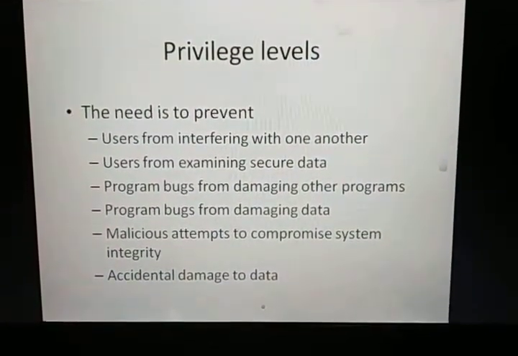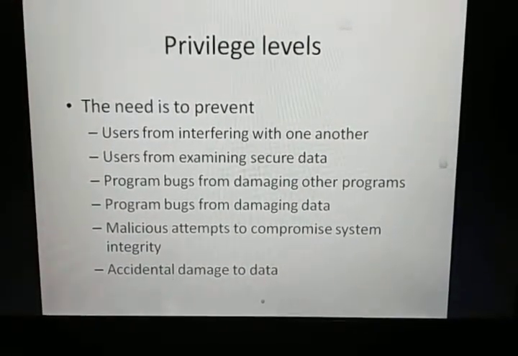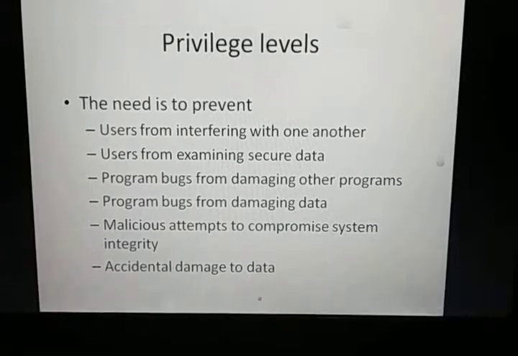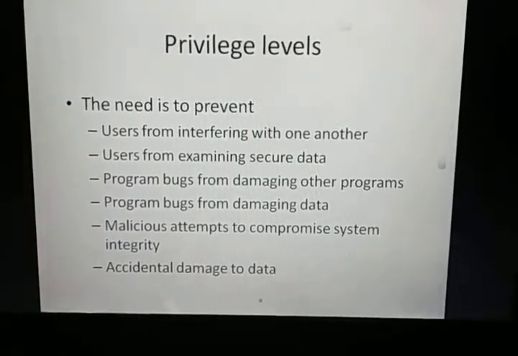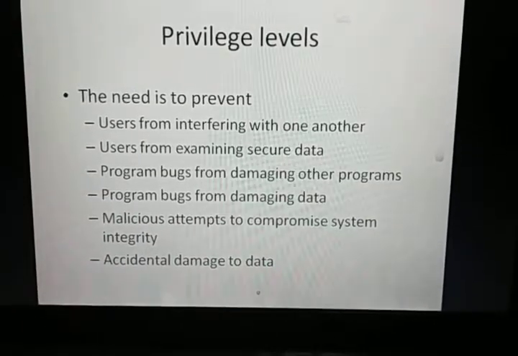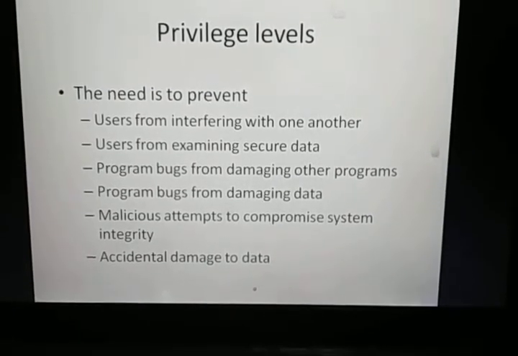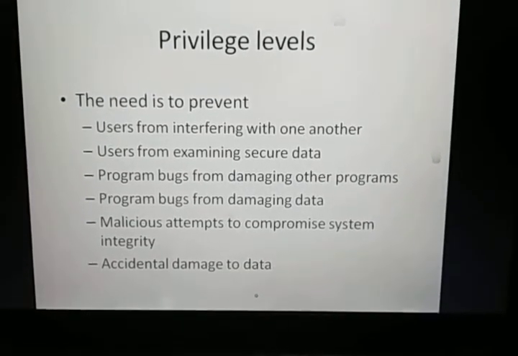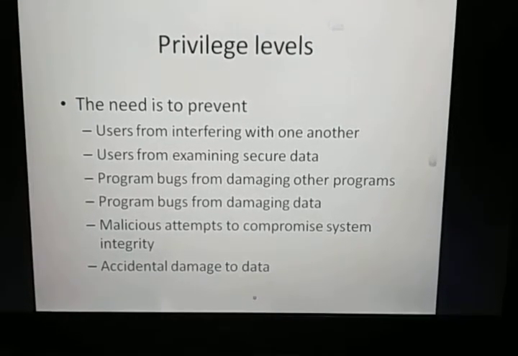The need is to prevent users from interfering with one another, users from examining secure data, program bugs from damaging other programs, program bugs from damaging data, malicious attempts to compromise system integrity, and accidental damage to data. So these are the reasons we protect processes or data from other processes.